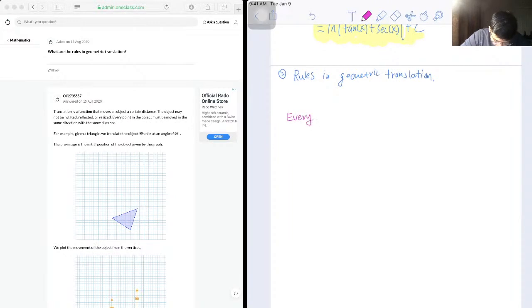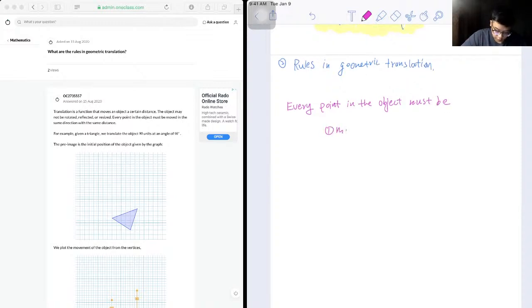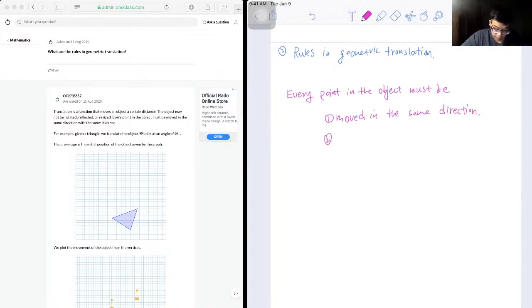So every point in the object must be, the first one will be moved in the same direction. Second one with the same distance. Right.